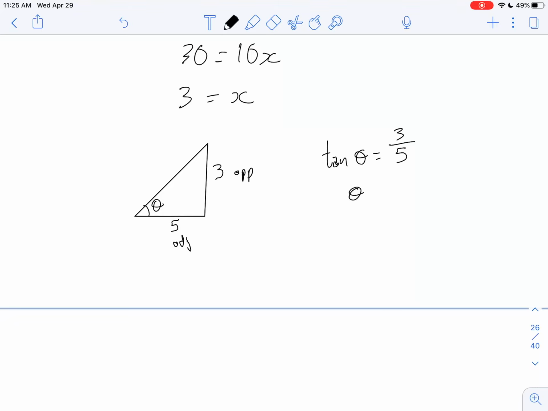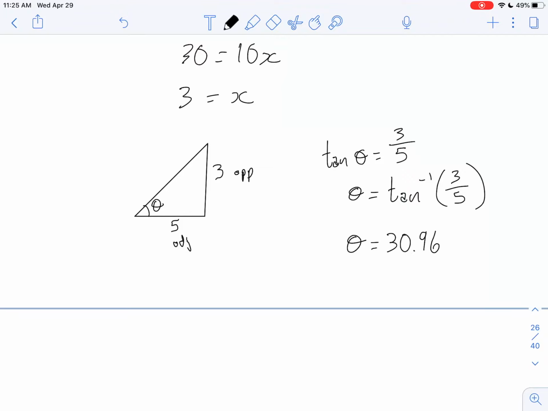If you want to solve for an unknown angle, you have to use the inverse trigonometric function of tan. So we're saying tan inverse of 3/5 will be equal to that angle theta. Thus theta is equal to 31 degrees. I should write out a couple more decimals. 30.96 degrees.